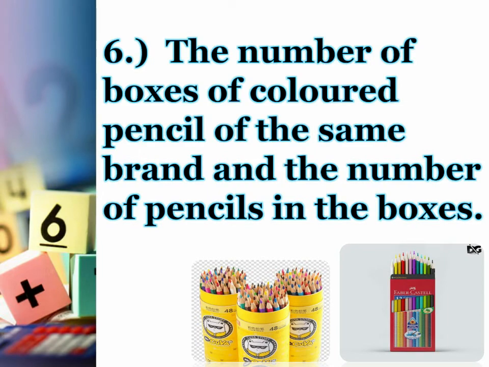The sixth one, the number of boxes of colored pencils of the same brand and the number of pencils in the boxes. You know, there is the same number of pencils in one box, so if the number of boxes is increasing, the number of pencils in the boxes is also increasing according to a ratio. So this is a direct proportion.